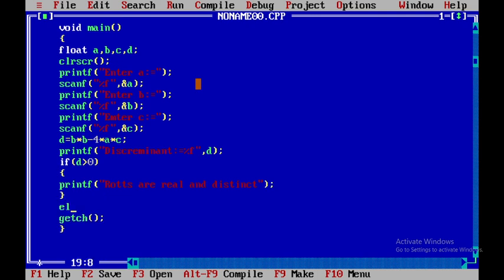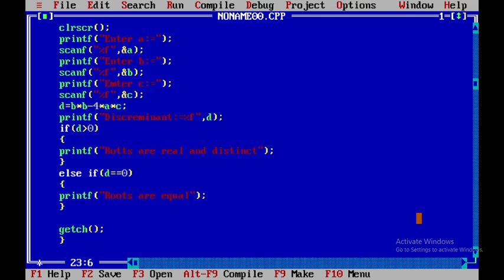Else, let's say else if d is equal to 0, then in that case we are going to display here printf roots are equal. Okay, roots are equal.